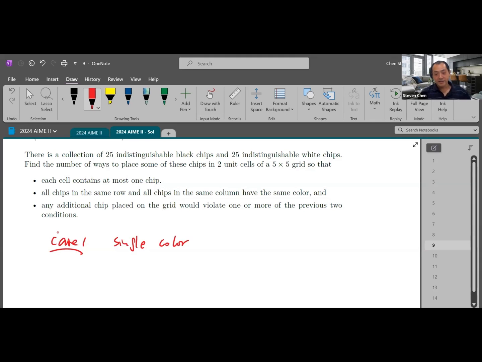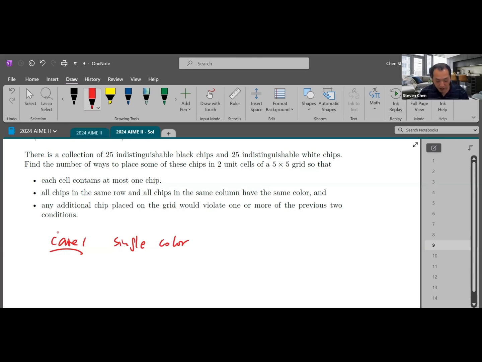For the single color case, suppose we enter some configuration. Say some cells are occupied by white chips, and because there's a single color, all other cells must be left empty, right? So let's check whether it satisfies all 3 conditions. Suppose we put just 10 white chips on the board. The first 2 conditions are satisfied. What about the third one?